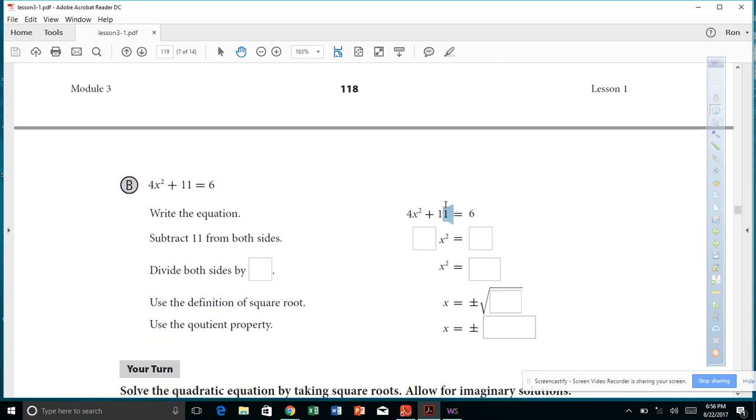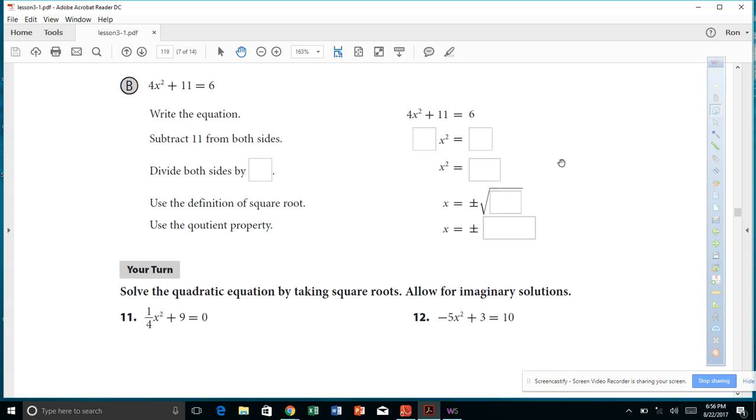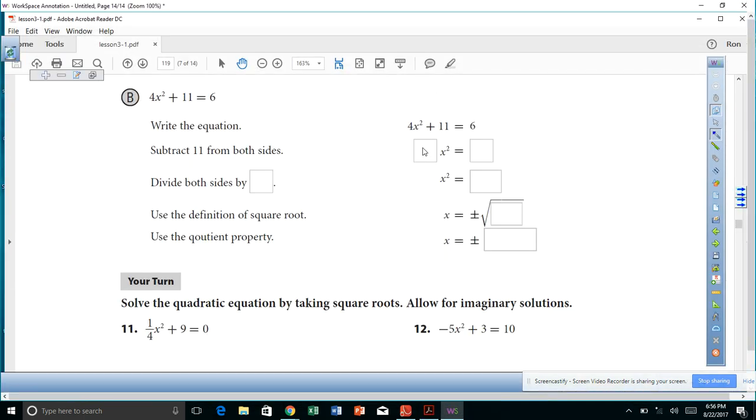So we have 4x squared plus 11 equals 6. So write the equation and then subtract 11 from both sides. And that's going to give us 4x squared equals negative 5. We're going to divide both sides by 4, and that's going to give us x squared equals negative 5/4. Use the definition of square root, so that's going to be the square root of negative 5/4.